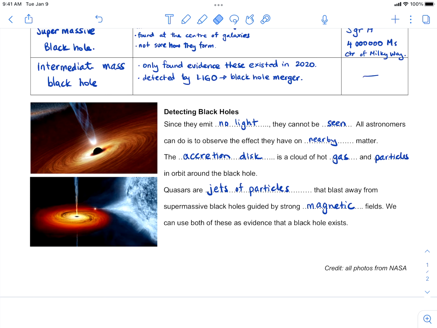One of the ways that we identified Cygnus X-1 was because of its quasars, and that was another black hole that we discovered. All these really interesting things you'll learn more about, hopefully, when you take grade 12 physics.